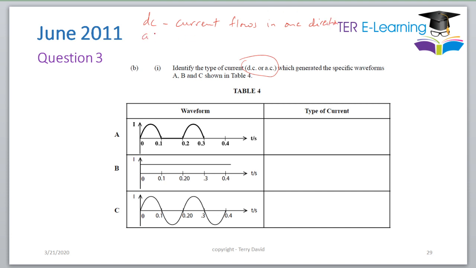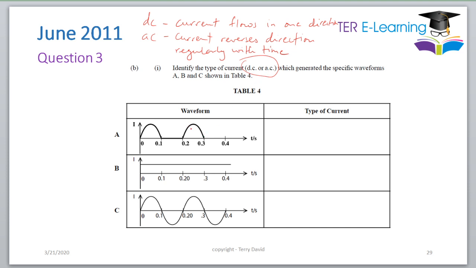In the case of AC, the current reverses direction regularly with time. Right? So that's the difference between AC and DC.